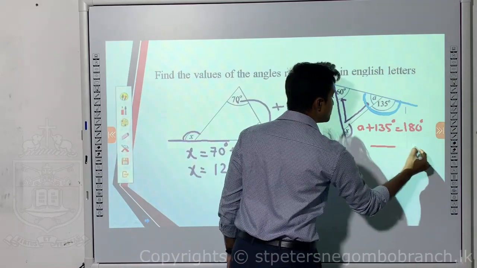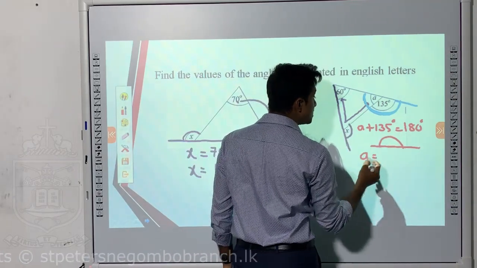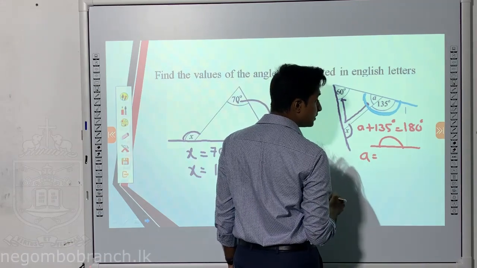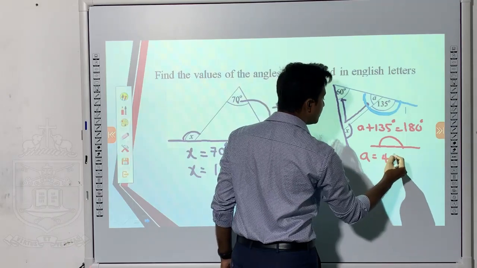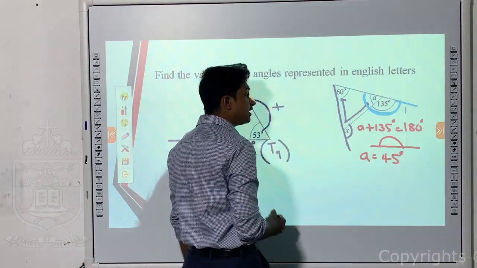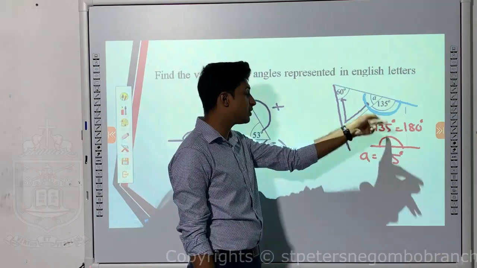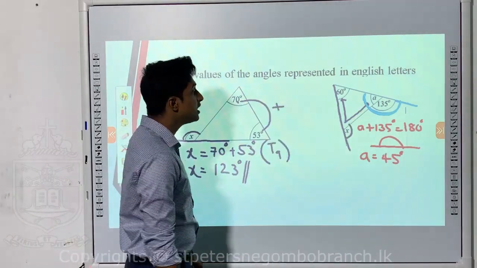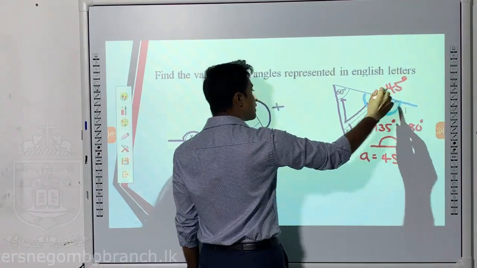Therefore, A is going to be 65. No, A is not going to be 65. A is going to be 45 degrees, because 180 minus 135 is 45. So now you know this is 45 degrees because of the straight line theorem.